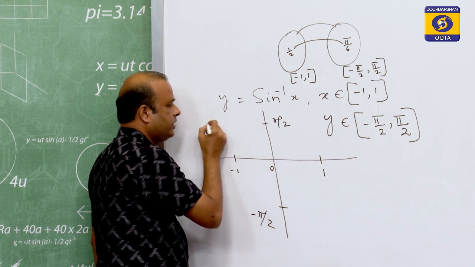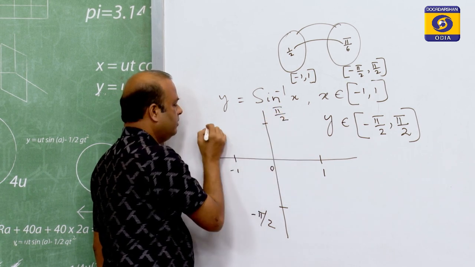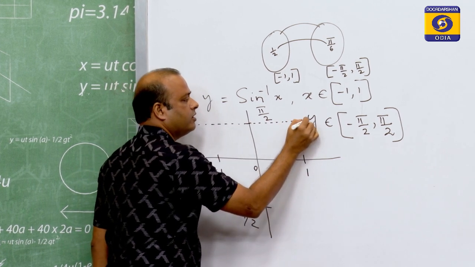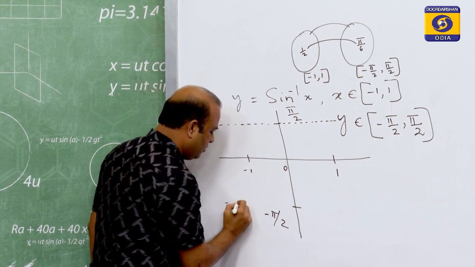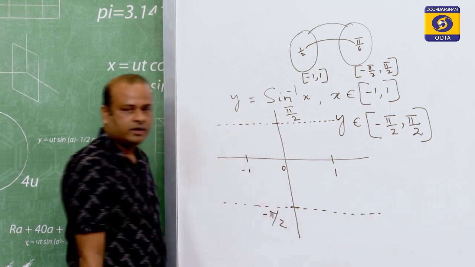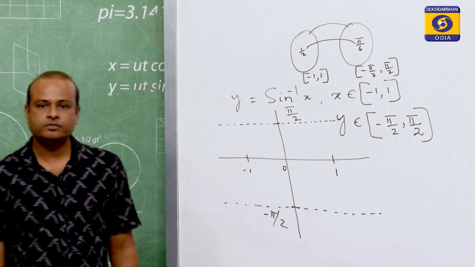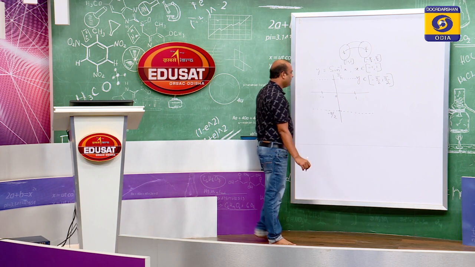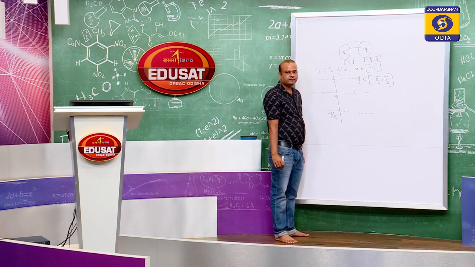So, here I am drawing one line which crosses pi by 2 and another one which crosses minus pi by 2. So, here pi by 2 and here minus pi by 2. Suppose you can take this one as half.